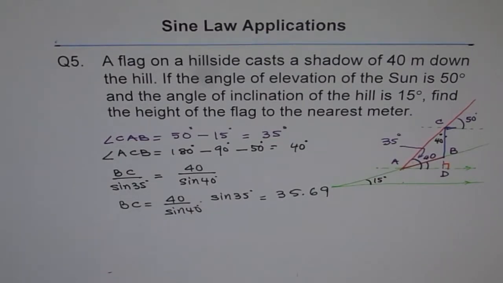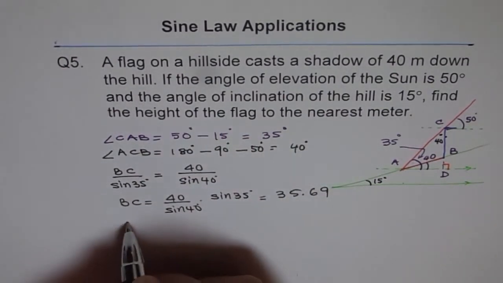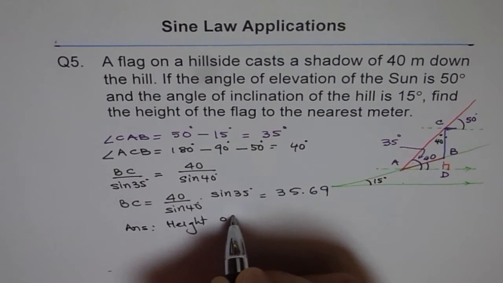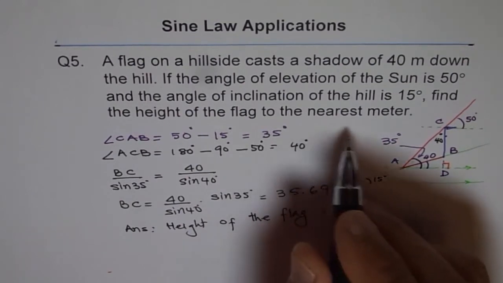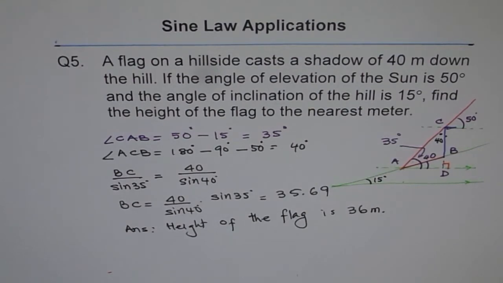Let me just calculate it once again. 40 times sine 35 equals 22.94, divided by sine 40, which gives us 35.69, right? So the height of the flag, to the nearest meter, is 36 meters. So that is how we are going to solve this problem. Okay, thank you.